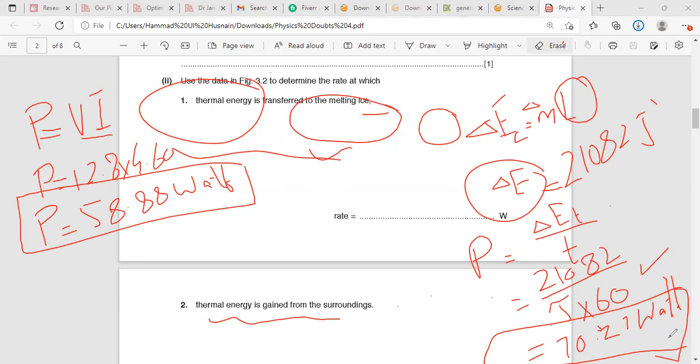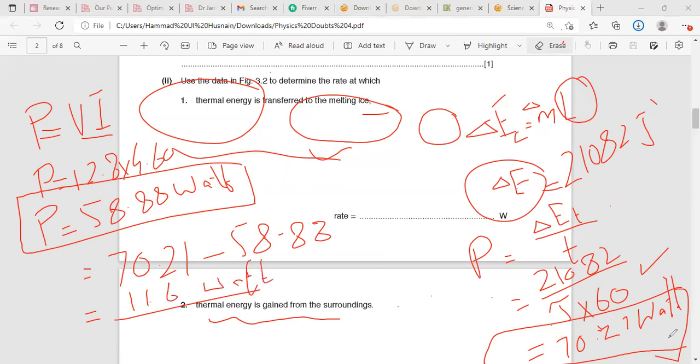So if we subtract 58.88 from 70.21, the remaining power will be delivered by the surroundings, right?